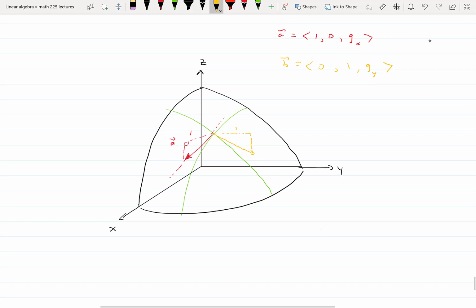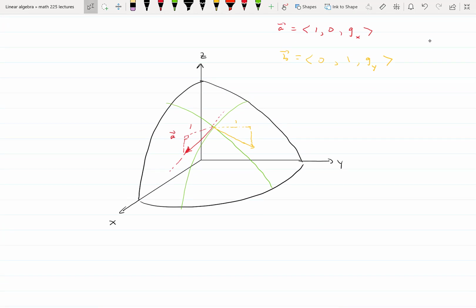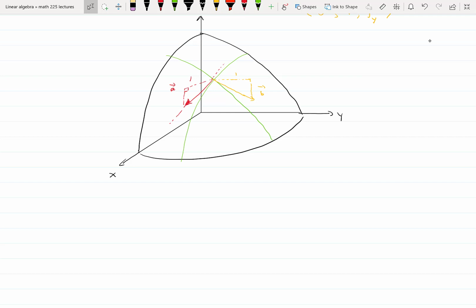So how can I form a normal vector to this surface at the common point of the two tails of these vectors? I think you probably figured that out. I would use a cross product. A cross B would be a vector that's normal or perpendicular to both vectors.